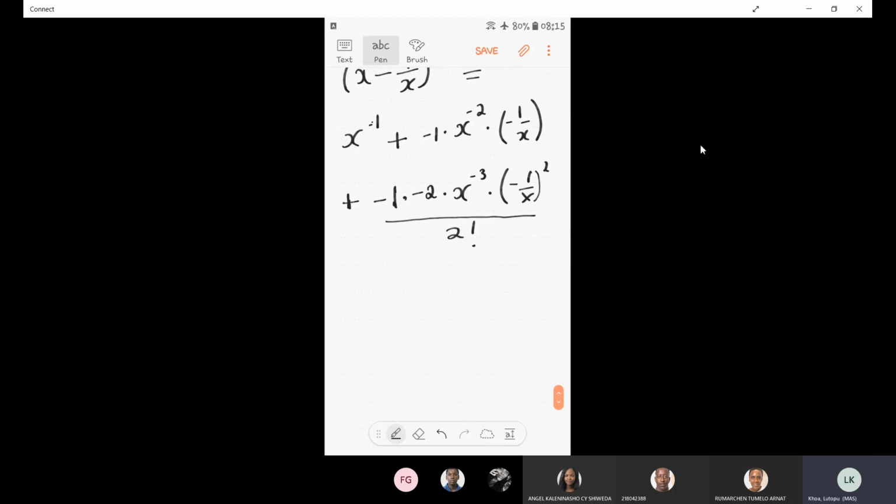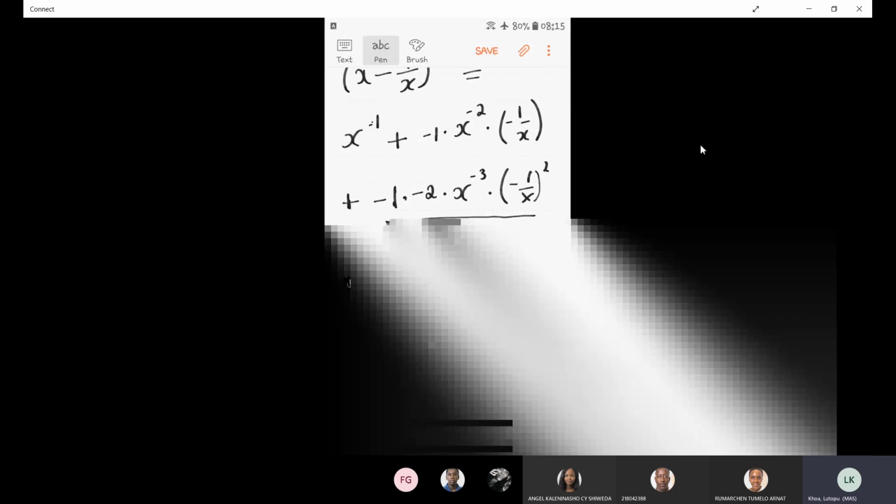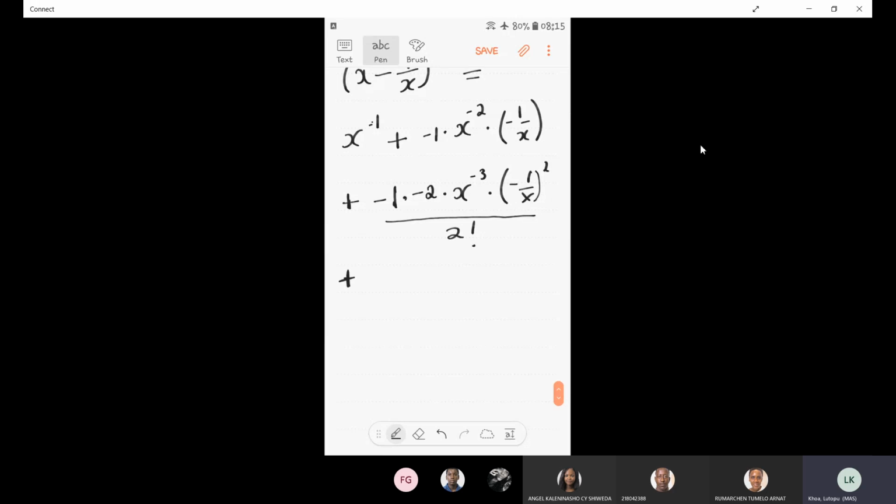And the last term that I'm going to work out, this is negative 1 times negative 2 times negative 3 times x to the power of negative 4, negative 1 over x to the power of 3, and this is all over 3 factorial.